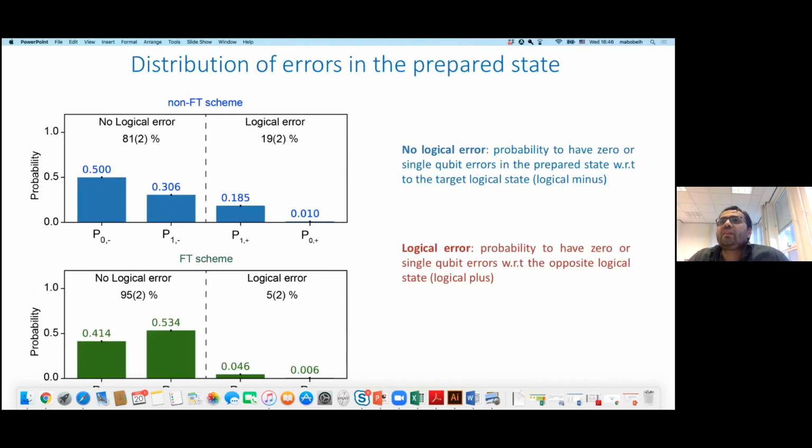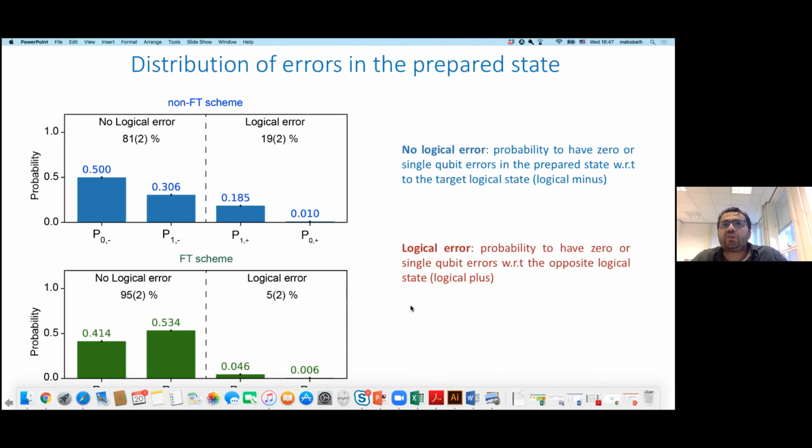To better understand this, we can look at the error distribution for both fault-tolerant and non-fault-tolerant preparation. For the 5-qubit code, any prepared state can be decomposed into its overlap with the logical minus state plus 0 or single qubit error, and the opposite state, which is in this case logical plus, with a 0 or single qubit error.